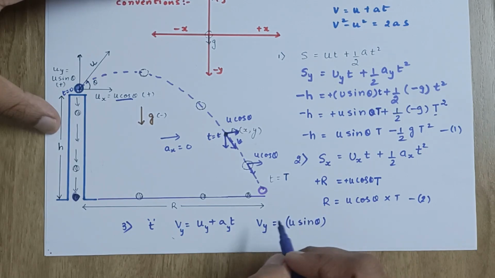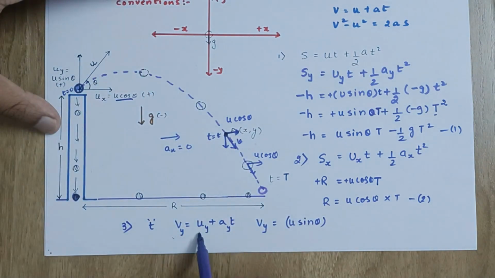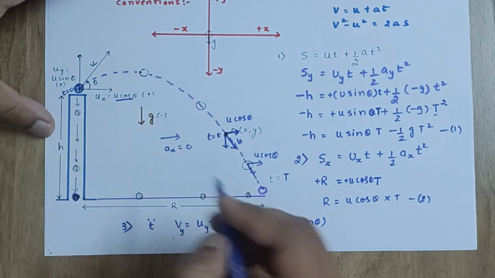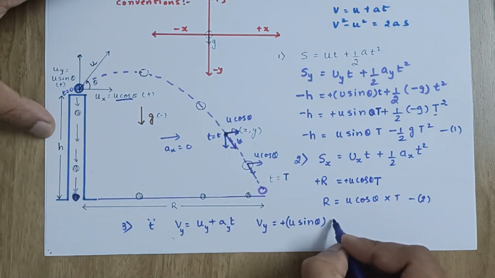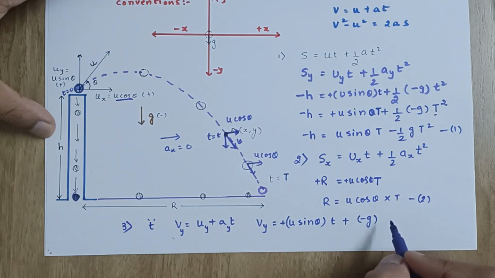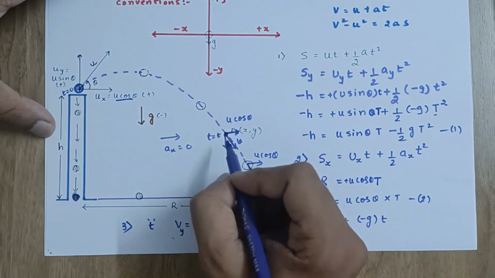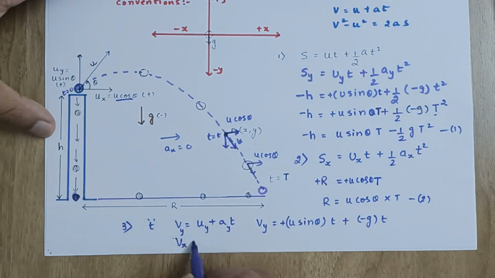That is going to be positive because the initial velocity's y component is positive, and then minus g times t, right?